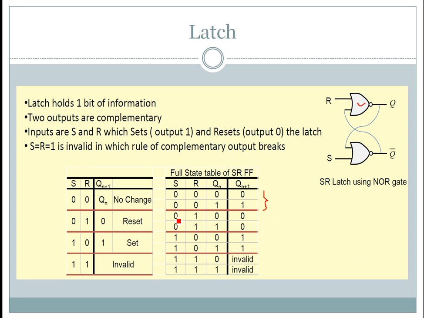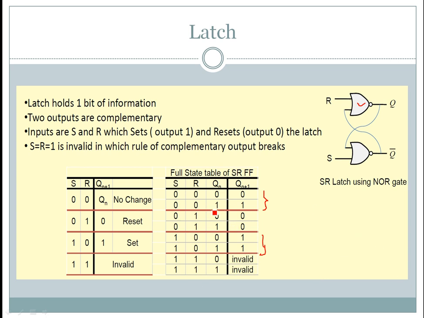See here, when S is 1 and R is 0, the output Q is high, so it is in the set mode.